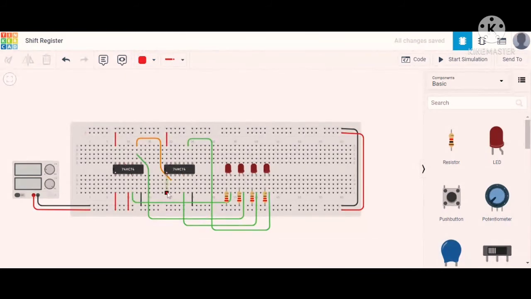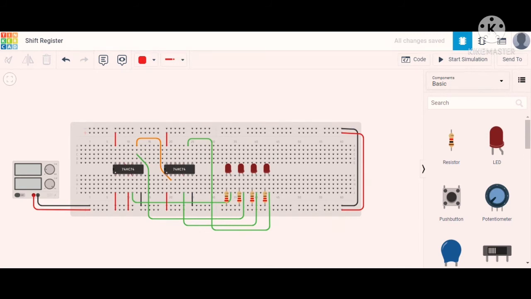Here the reset is always connected to logic 1, as I was telling you. And this one is the input that I already gave, and this one is for the clock. I will tell you how we give the clock.